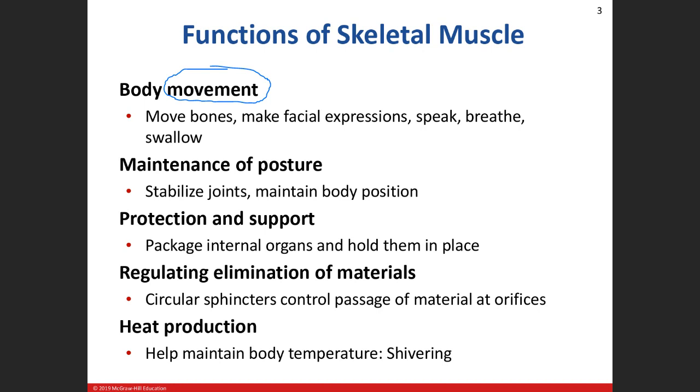Now, skeletal muscle is going to be the muscles that move your skeleton, and they attach mainly to bones. But sometimes muscles can attach to skin, and sometimes they can attach to other muscles. So when we think of skeletal muscles, we definitely think of moving the bones, like for walking or taking a sip of water.